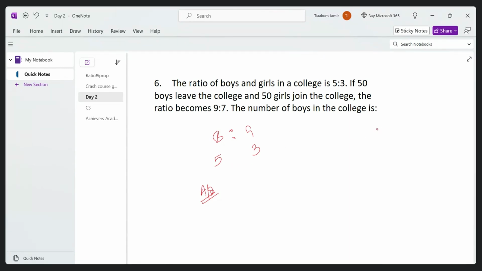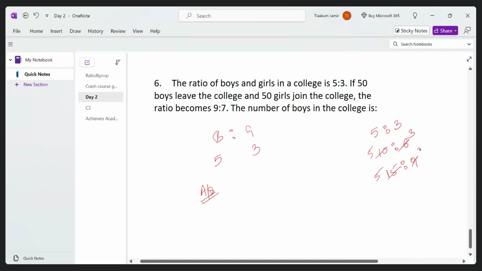For example, 5:3 will be 10:6, also 5:3. 15:9 also 5:3. How? 2 3 times, 2 5 times, 3 5 times, 3 3 times. This means we need to use a variable, so let's use 5x and 3x.